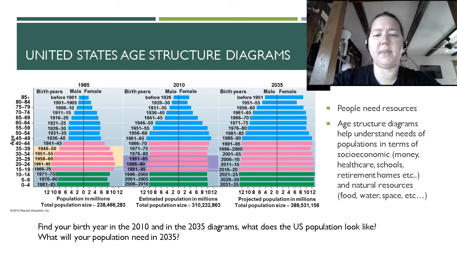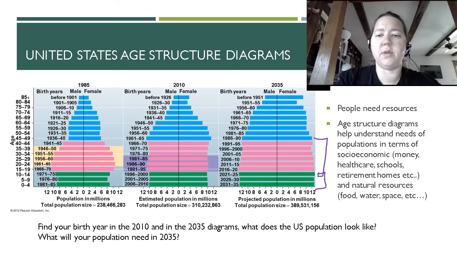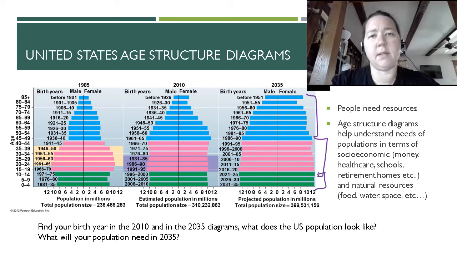The working population, which for the most part is the pink. The pink is the working population, the green is the school age population, and the blue is the retirement population. Give or take, like I said, there is obviously always some variation there and some overlap and bleeding into different generations, so to speak.